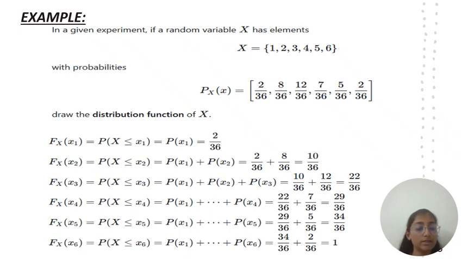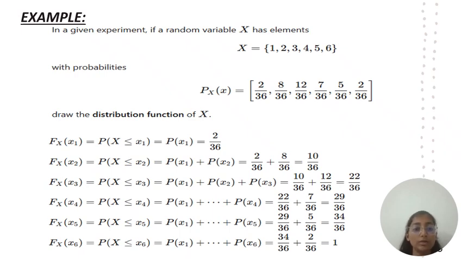Now we are going to calculate F_X(x1), that equals P(X ≤ x1), that equals the probability of x1. We are given 2 by 36. Next, F_X(x2) equals P(X ≤ x2), that is p_X(x1) plus p_X(x2).